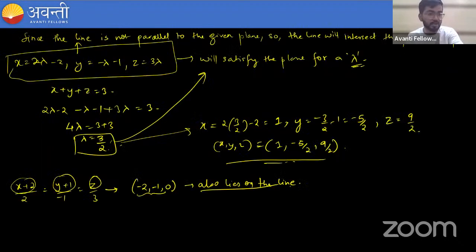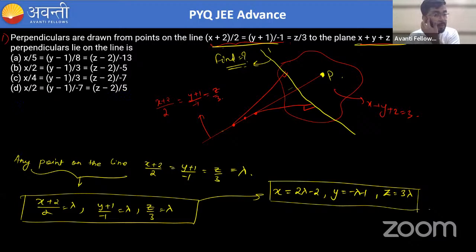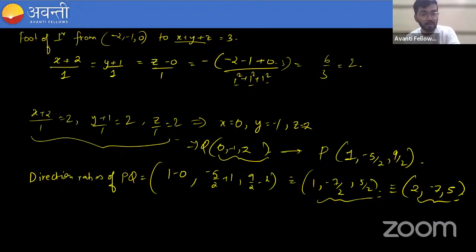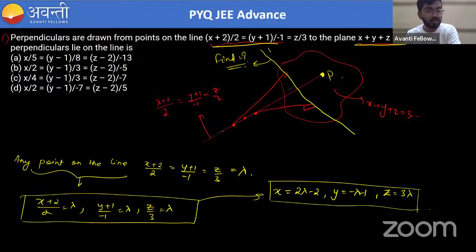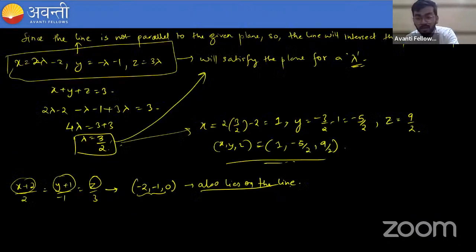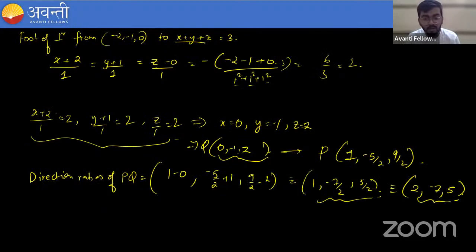So let us see if there is any new option. So here you can see that there has been one error, (0, 1, 2), and the rest is fine.